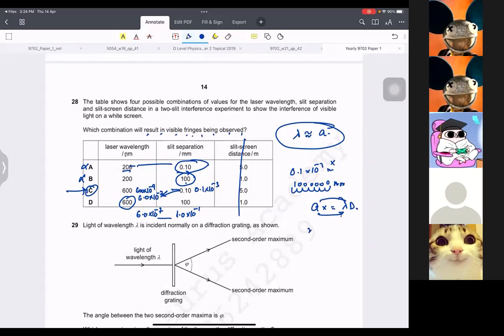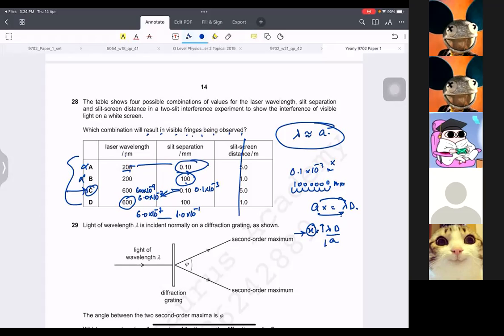So I think that if you have calculated this, it should be smaller in these cases. Well, it won't really matter. Basically, it's not a question about this. It's a question about diffraction.